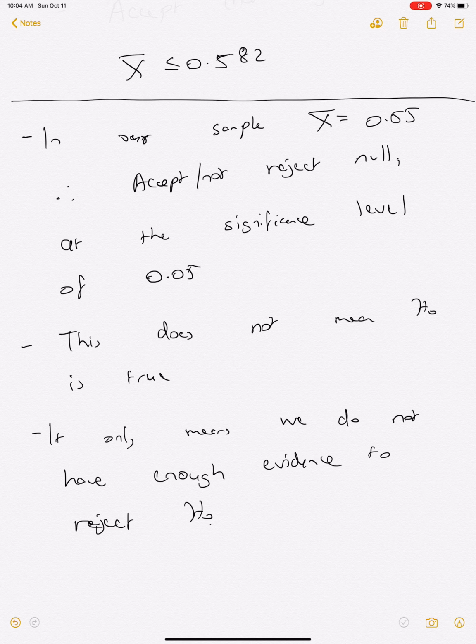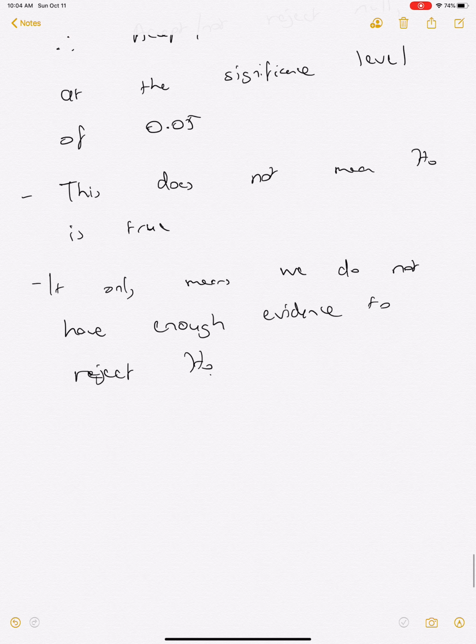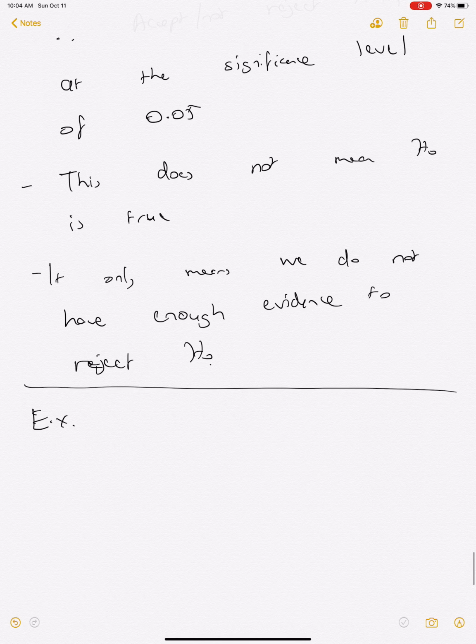So let's maybe get a sample of 1,000. And if you got a sample of 1,000, you're more likely to have enough evidence to reject, if that sample was as biased towards Republicans as this. So let's take the example where in a sample of 1,000, 550 vote Republican.